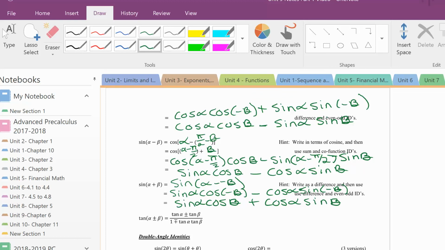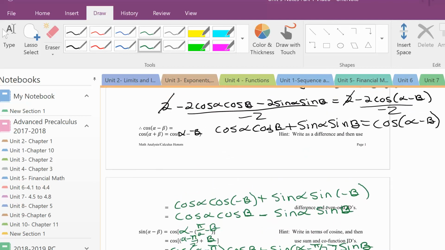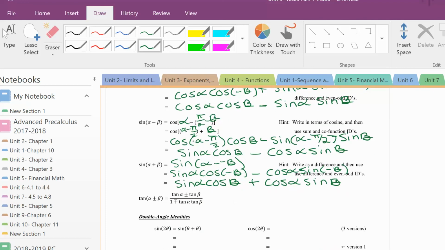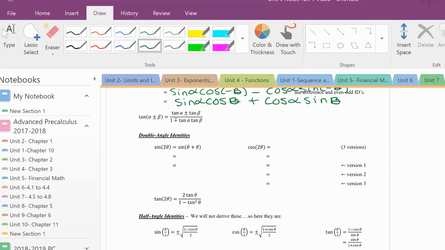Notice it's sine, cosine, cosine, sine, whereas cosine is cosine, cosine, sine, sine. But notice for cosine, the sign is the opposite in the middle of what you are doing. So if you're adding, you're subtracting, whereas for sine, it's the same: subtraction, subtraction, addition, addition.